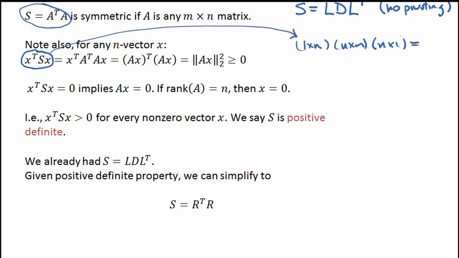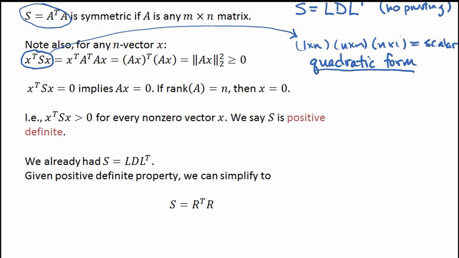And so that's going to be a scalar, just a number. And this special way of doing X transpose matrix X has a name. It's called a quadratic form, quadratic because X appears twice in this product.